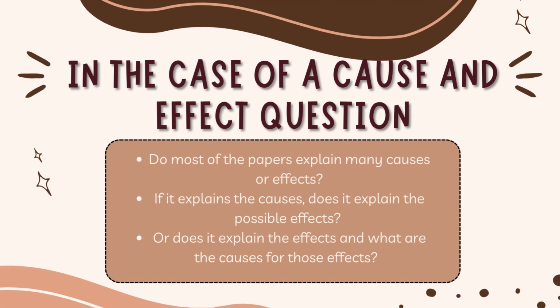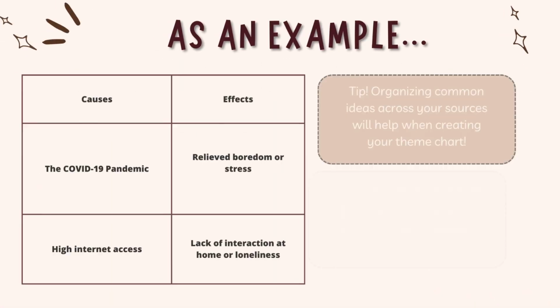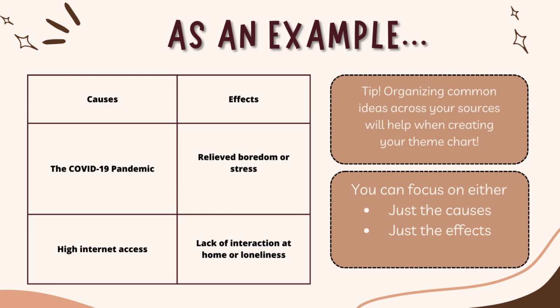Now, some questions you could ask while reading are, do most of the papers explain many causes or effects? If it explains the causes, does it explain the possible effects? Or does it explain the effects and what are the causes for those? As an example, using the question we discussed before, the causes could be the COVID-19 pandemic and, of course, high internet access, while the effects are that it relieved boredom or stress, and there is a lack of interaction at home or loneliness.